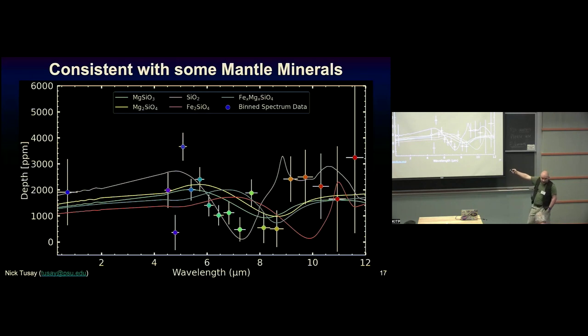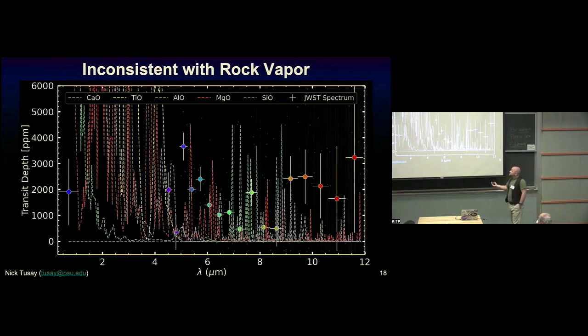But there's something that we hadn't really accounted for. Right here, at the short wavelengths, we see a really interesting sharp feature. We see a lot of transparency and a lot of opacity, and all of our solid dust models cut right through that. So what could that be? Well, short answer is probably gas.